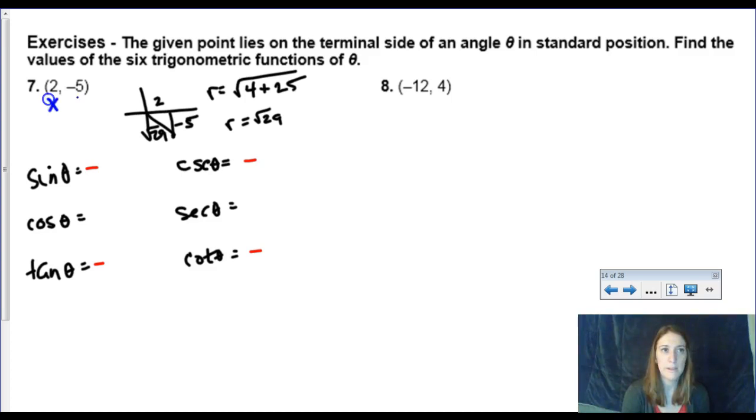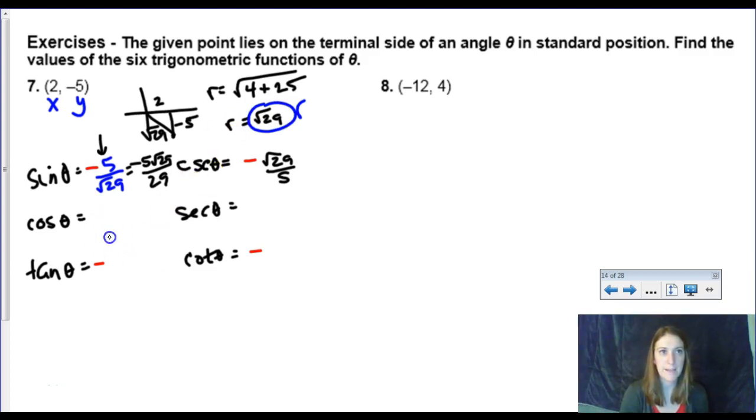So remember, this is x, this is y, and this is r. So y over r would be negative 5 over square root of 29. And then if we rationalize that fraction, multiply numerator and denominator by square root of 29, negative 5 square root of 29 over 29. So cosecant would be the reciprocal of that, negative square root of 29 over 5.